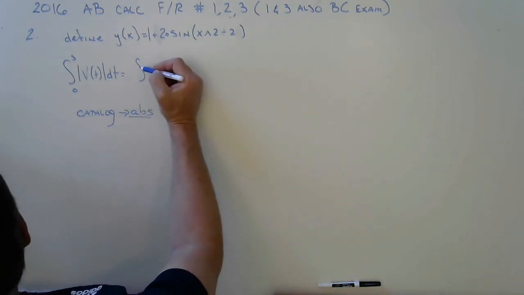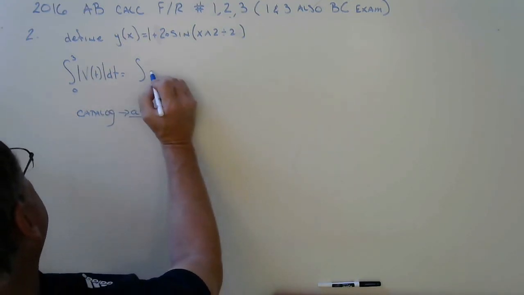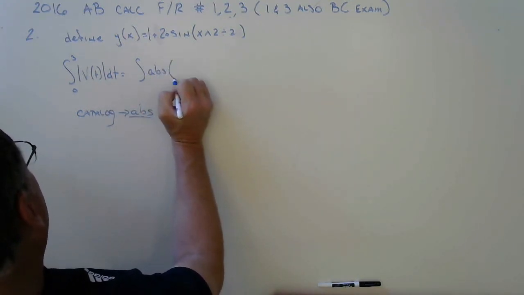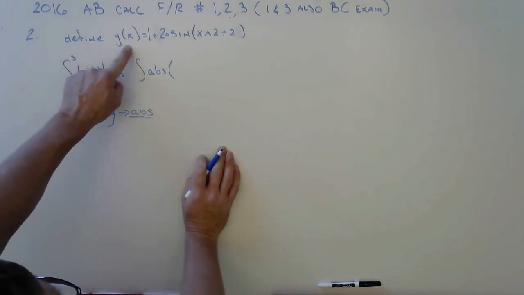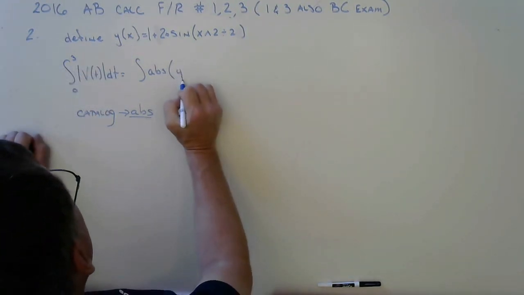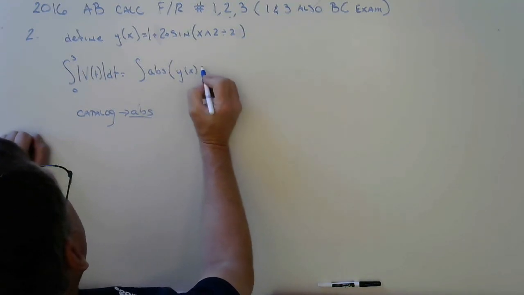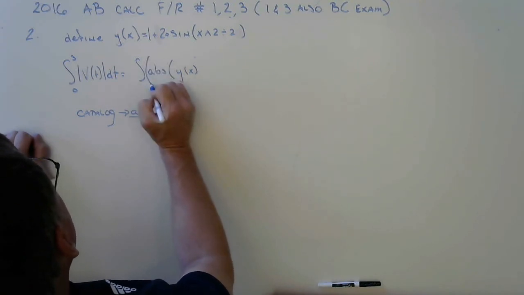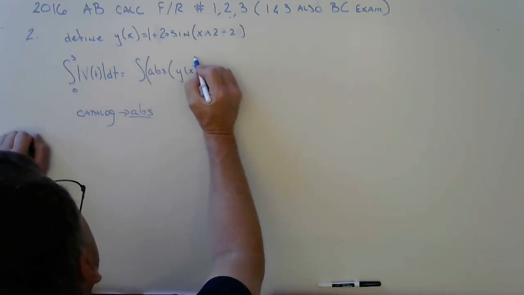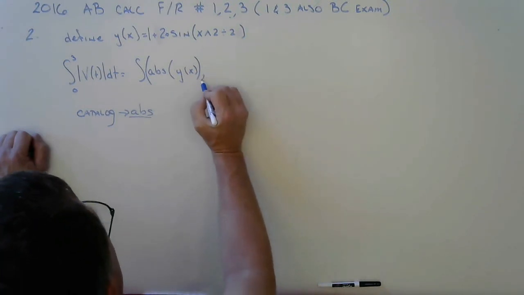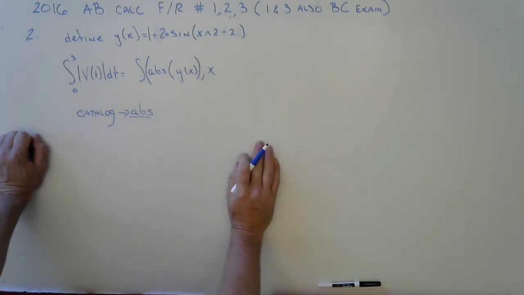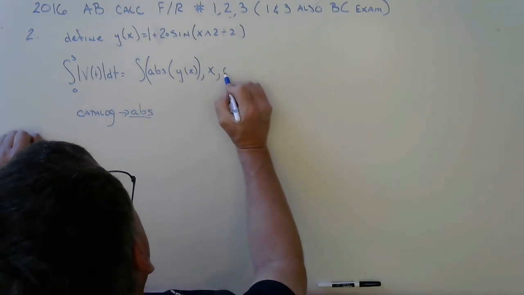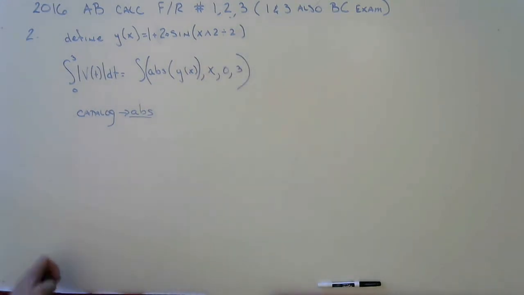You would highlight this, and it would say ABS open paren. Then you would type in there y of x. So we would have integral absolute value y of x, comma x, tell it I'm integrating with respect to x, comma 0, comma 3, lower bound, upper bound, and when you do that, you should get 5.301.